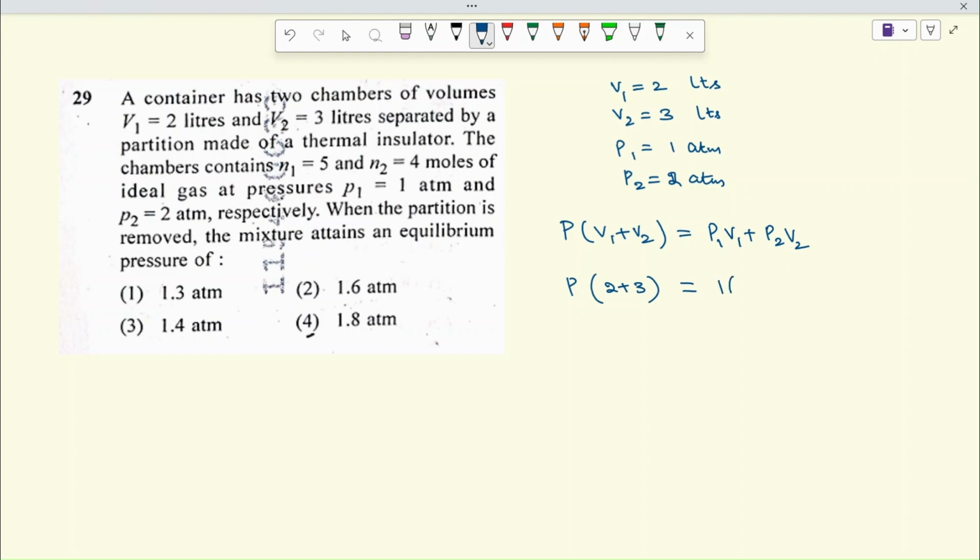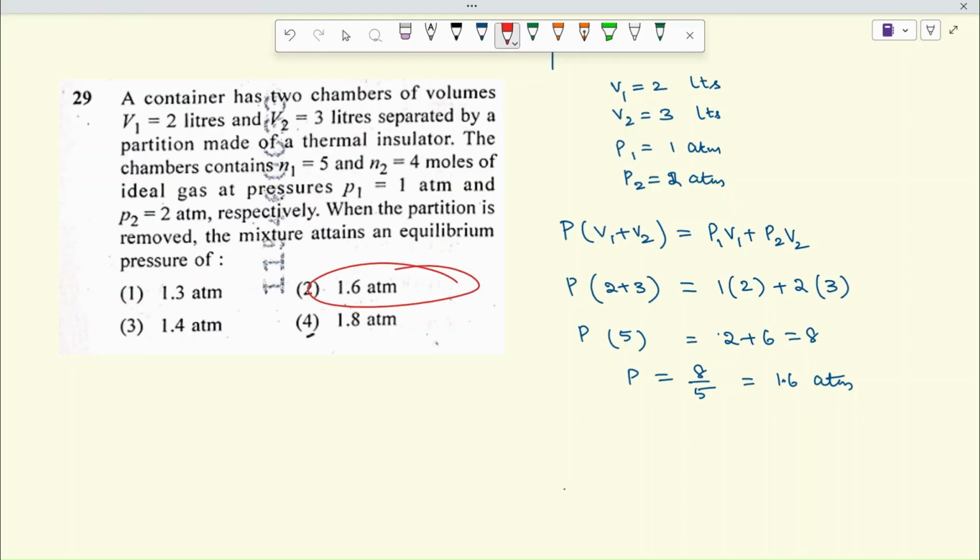P1 is 1 atmosphere into V1 is 2, plus P2 is 2 atmosphere into V2 is 3. So P into 5 is equal to 2 plus 6, which is 8. So P is equal to 8 by 5, which means 1.6 atmosphere. Answer is the second option.